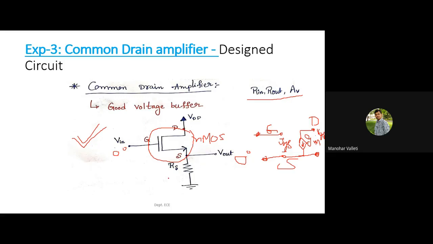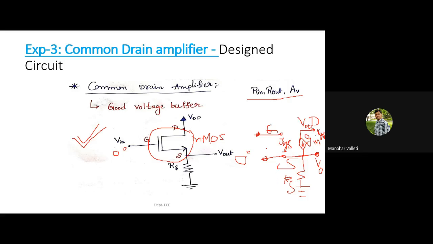Across the source, RS will be connected like this, and the output will be considered here. So this is VDD. Like this, you will get the equivalent model for this common drain amplifier. This is grounded, and the output is considered across the RS resistance.